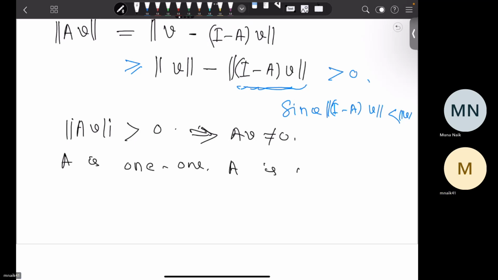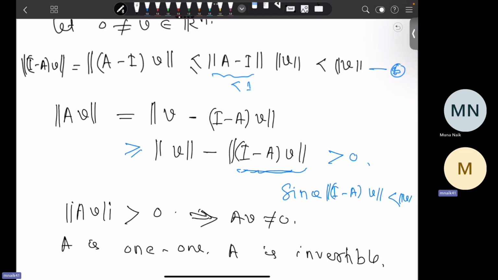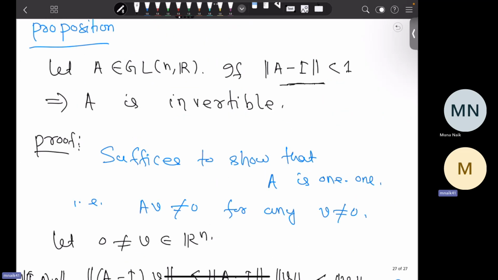So that means A is invertible. Okay, so we have proved this thing. Now this proof will also not generalize to infinite dimensional non-linear spaces.